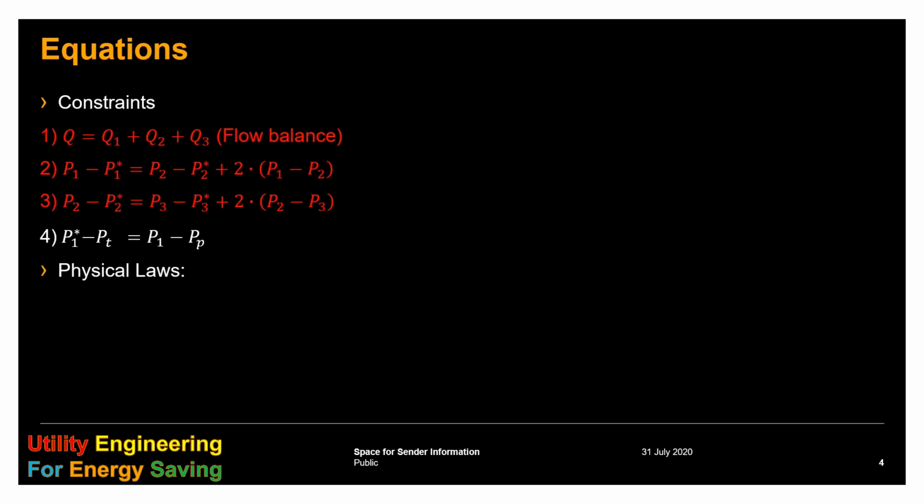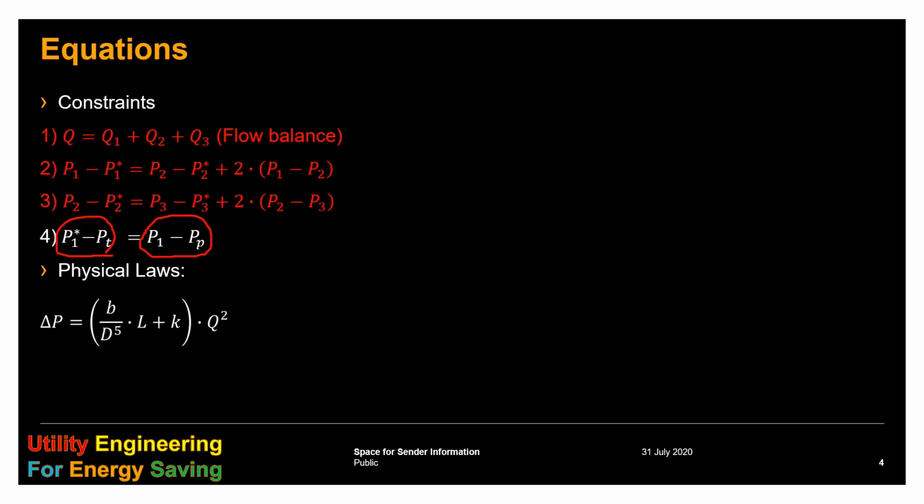And then we have another equation, number 4, which is saying the delta P from the pump to the first node is the same as the delta P from the last node to the tank, because the pipeline has the same length, practically the same size, as you can see from the circuit schematic.